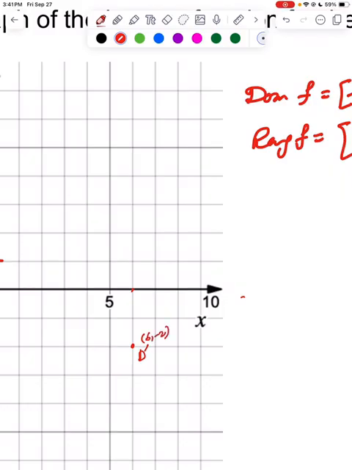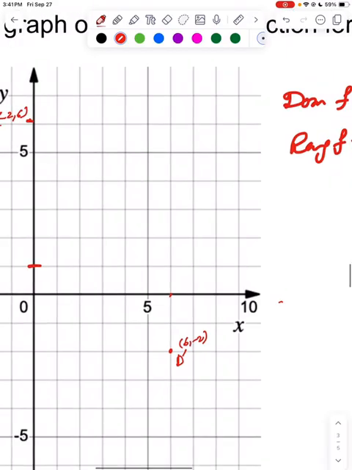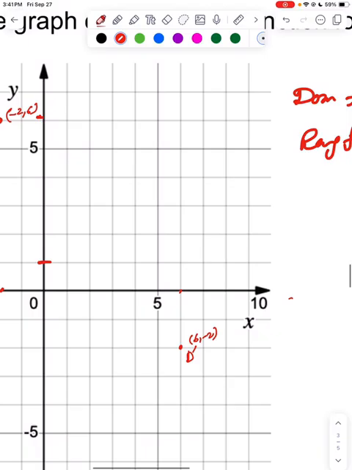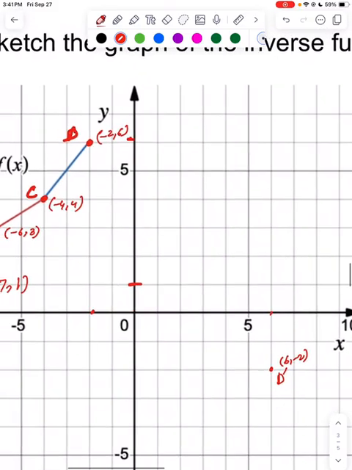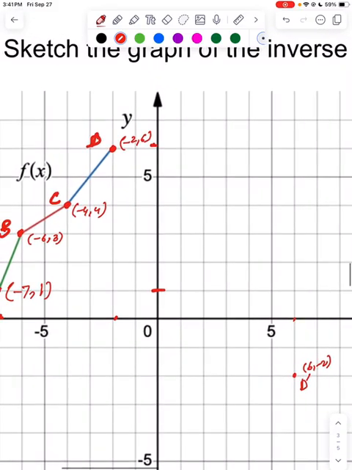What about the others? What about C? C was negative 4, 4, so it will become 4, negative 4. So this is C prime, and the coordinates are 4, negative 4. Okay, B is negative 6, 3, so it will become 3, negative 6.